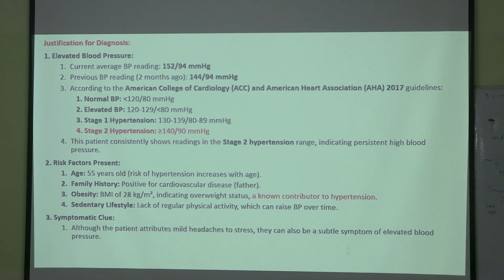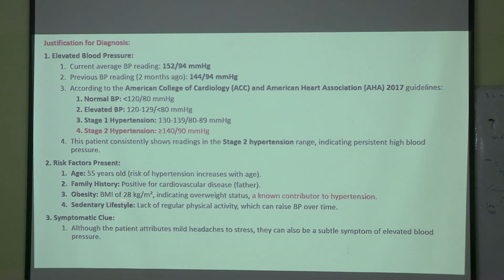The subject's age is 55 years. As we know, with the increase of age, there is a high chance of increase of blood pressure value, so age is an important factor. And in their family history, there was a cardiovascular disease history in the person's father, right? So this is also related with the development of this.